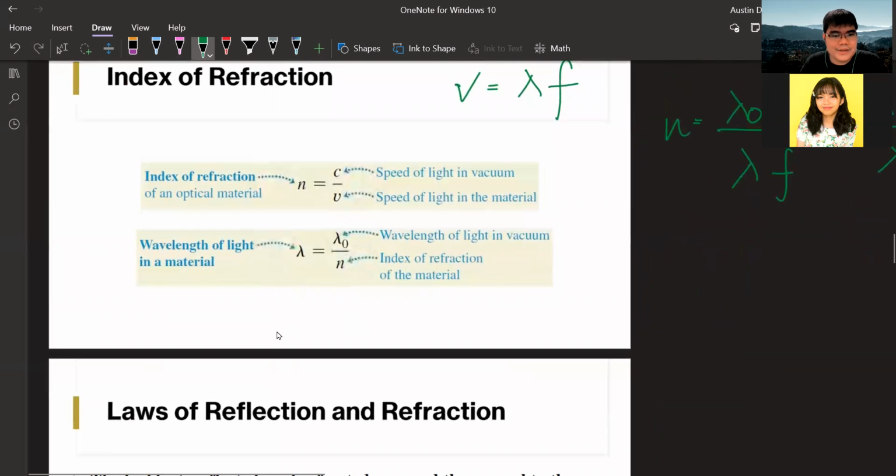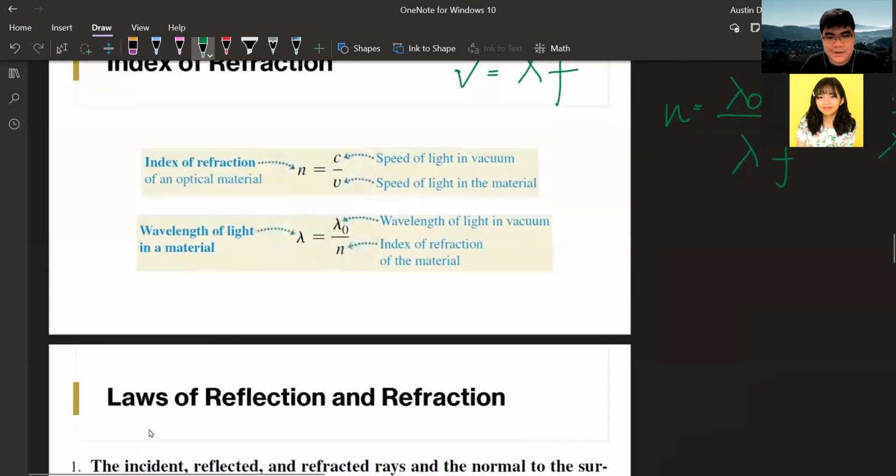Okay, so now we turn to the laws of reflection and refraction.